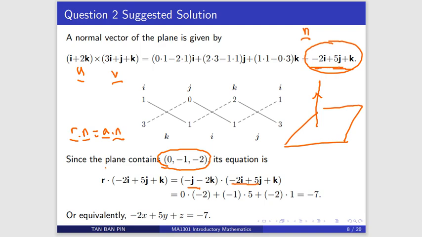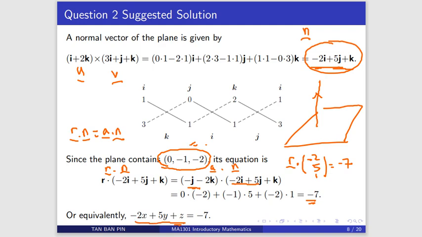A is just this point, so it's actually -j minus 2k. After you work out the dot product, it gives you -7. So the equation of the plane is r dot (-2, 5, 1) equals -7, and you can write it in this form.